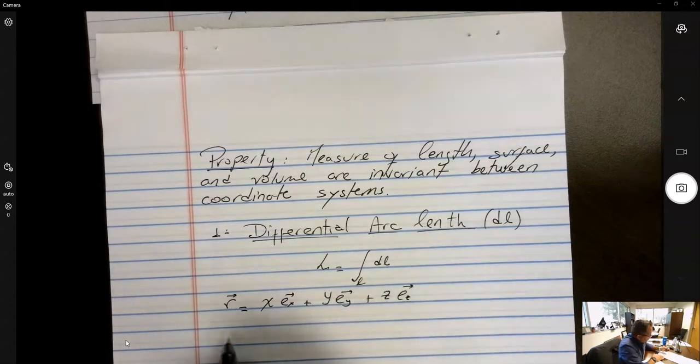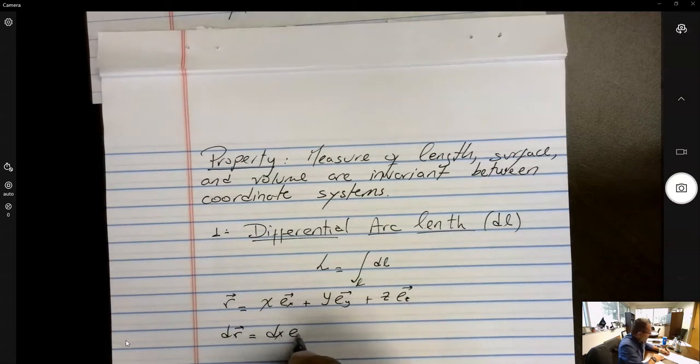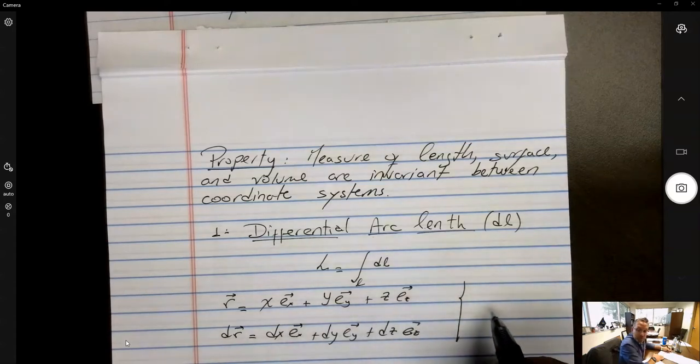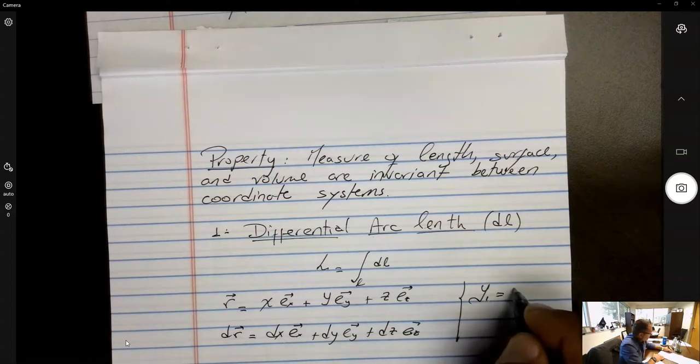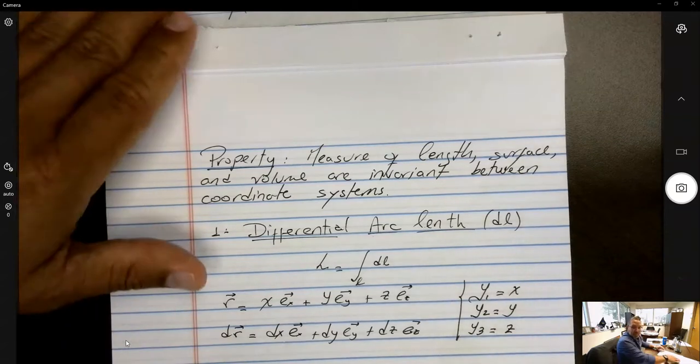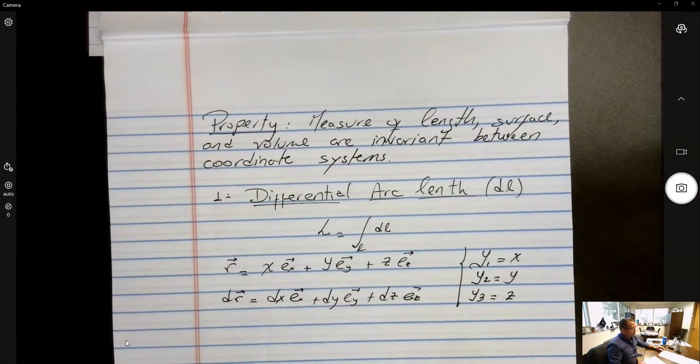And the differential of the position vector, dx, dy, dz. But keep in mind that we're no longer going to use x, y, and z. Now we're going to use y1, which is equivalent to x, y2, which is equivalent to y, and y3, which is equivalent to z. This is what we are going to use for the Cartesian coordinates.